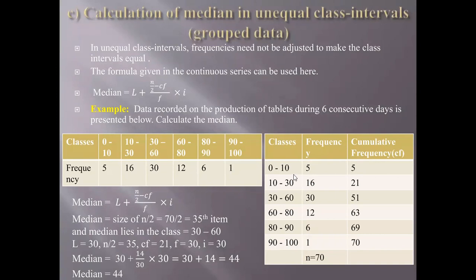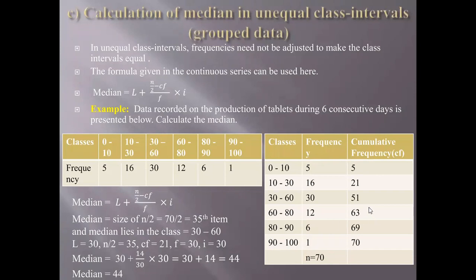Now here we have to put this particular data in this form. So the cumulative class interval you are finding, I'm sorry, the cumulative frequency you are finding, not the class interval. The cumulative frequency is 5, 21, 51, 63, 69, and 70. So N is equal to 70 here. So once again, by using this formula, 70 divided by 2 is the 35th item.